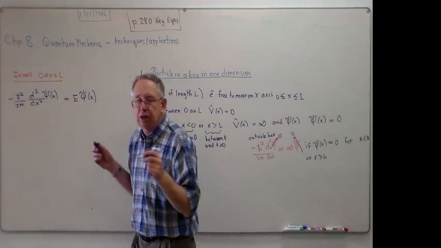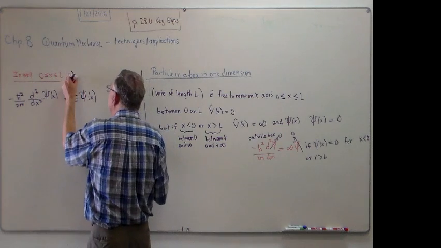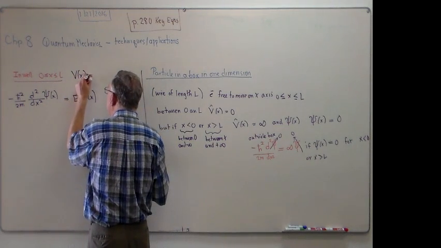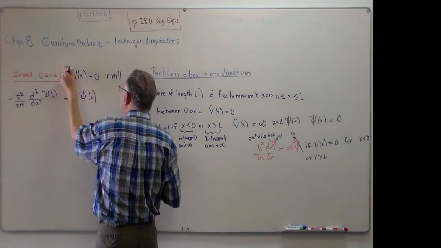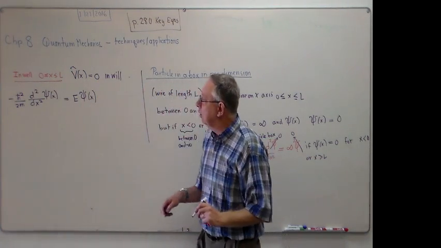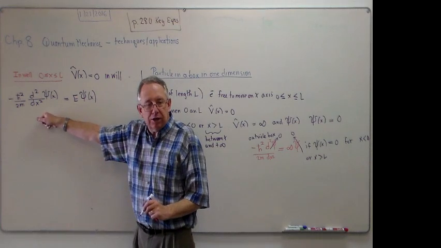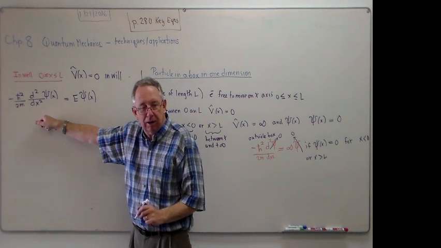There's no potential energy in the well, right? Let's just remind ourselves, V of x equals 0 in the well. So Schrodinger's equation is just like what we wrote for the free particle.